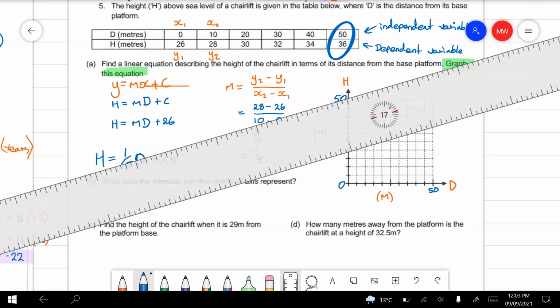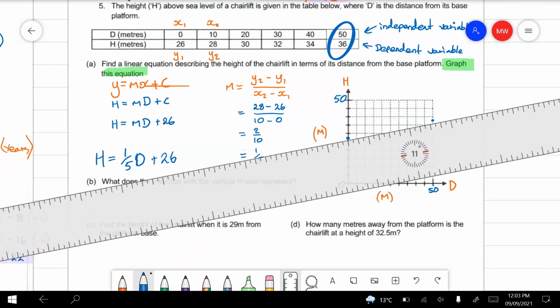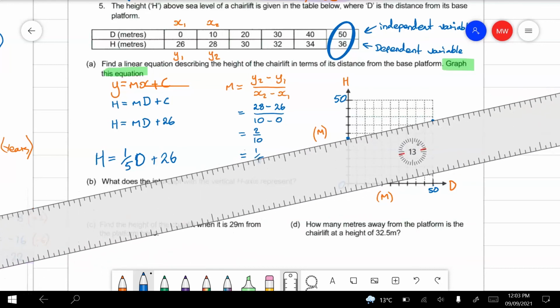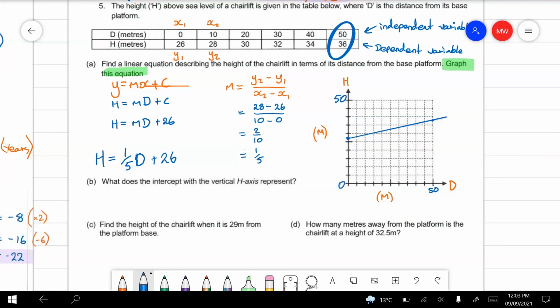Grab a ruler, neat as you can, dot to dot. Might give this point here a coordinate for my marker, just so I don't ditch any marks unnecessarily. We'll call this one 0, 26.